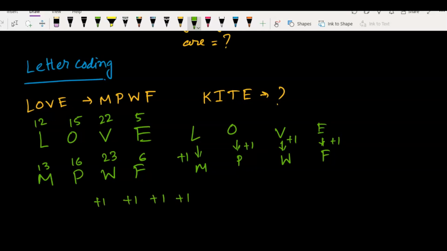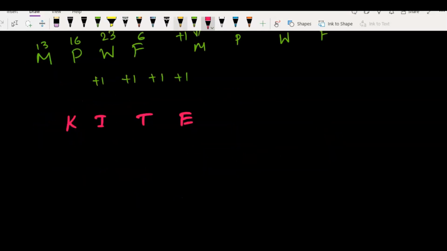So we will apply the same sequence in KITE. K's position is 11, I is 9, T is 20 and E is 5. So 11 will go to 12, 9 will go to 10, 20 will go to 21 and 5 will go to 6.